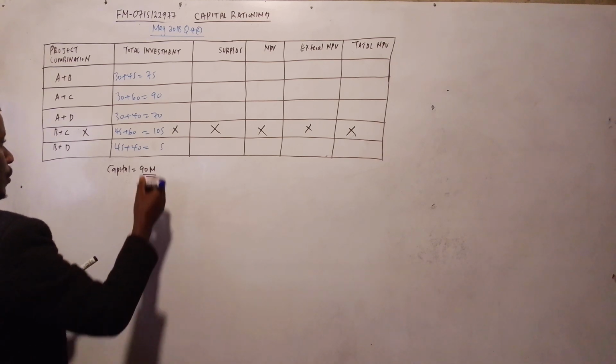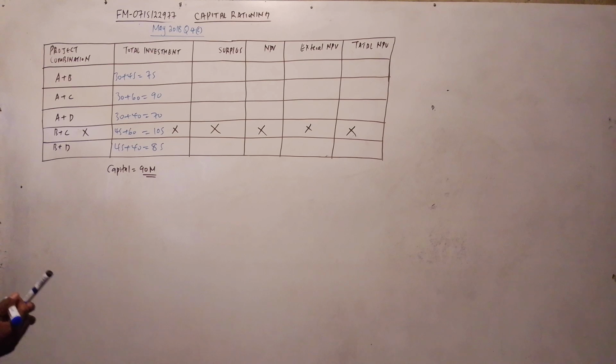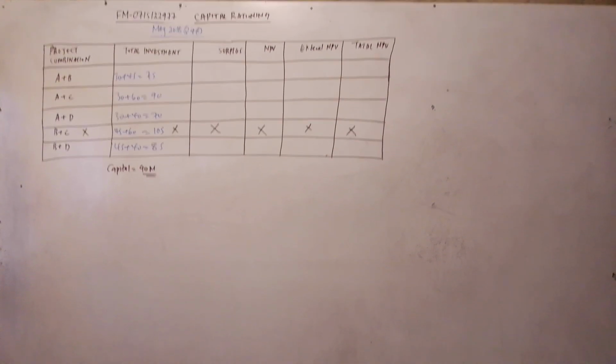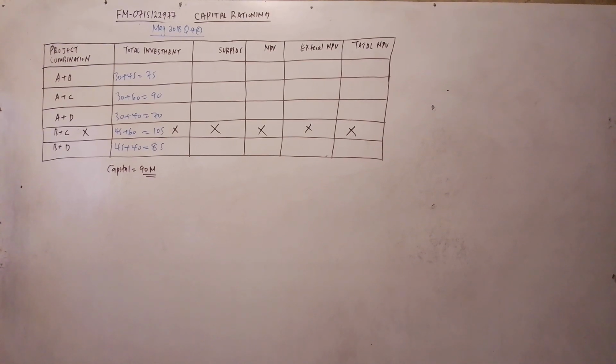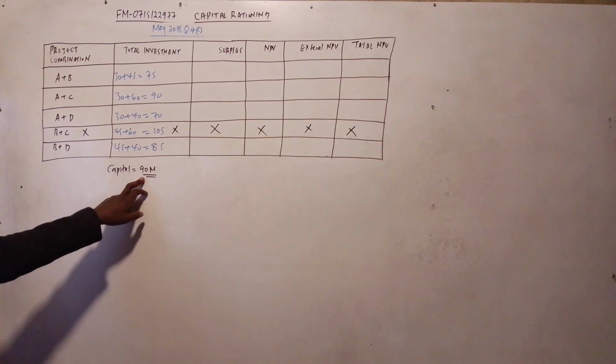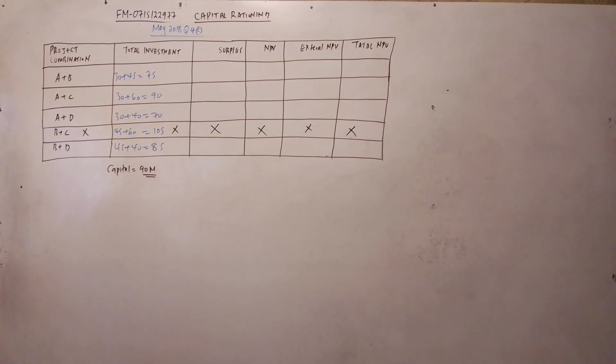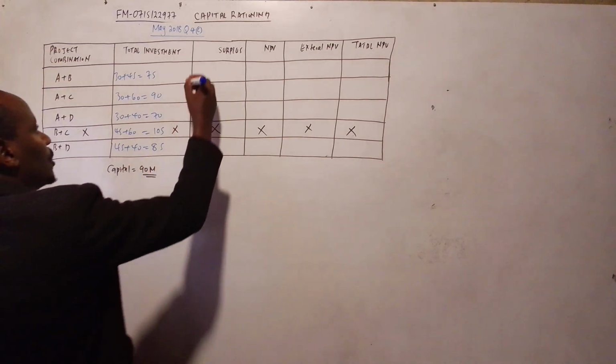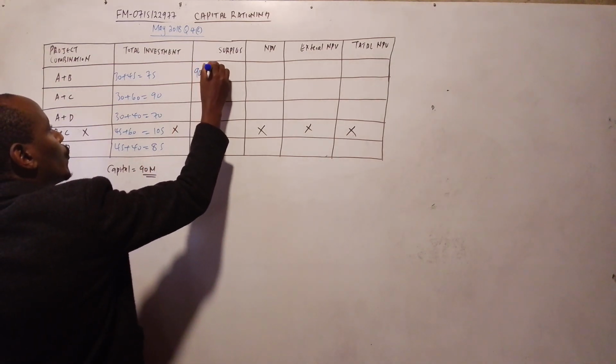Now let us get the surplus. Now the surplus will be the difference between this one minus the initial investment. So we need 90 million here to do for the 75. So how much tabaki? What will be the surplus amount?